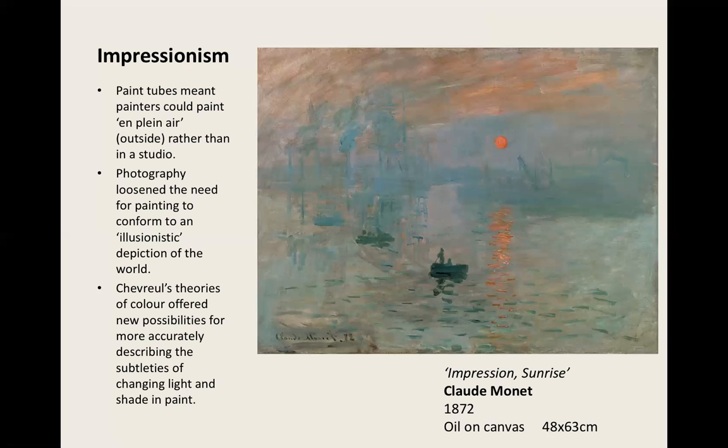Chevreul's theories helped them to understand how to use colour to create the realism of this situation: the way a shadow looks, a shadow isn't black, a shadow has colour in it, and Chevreul allowed them to access that through paint by the way that they were mixing their paints.